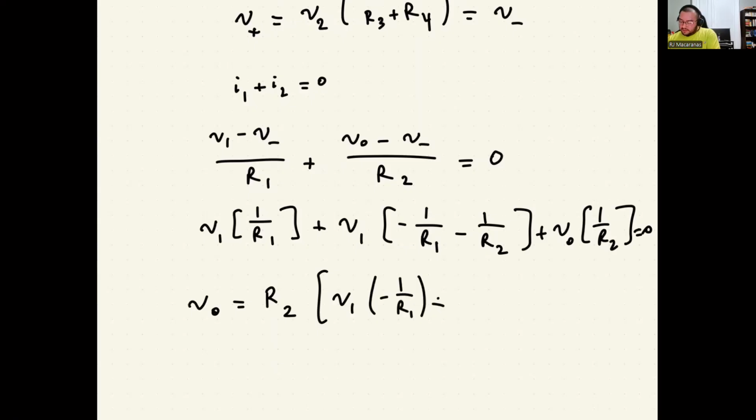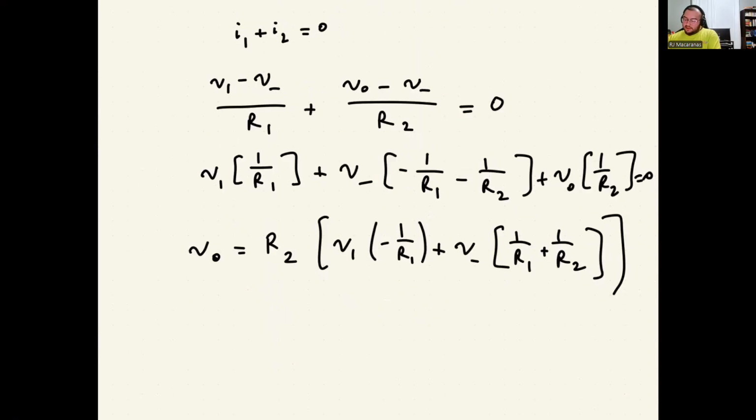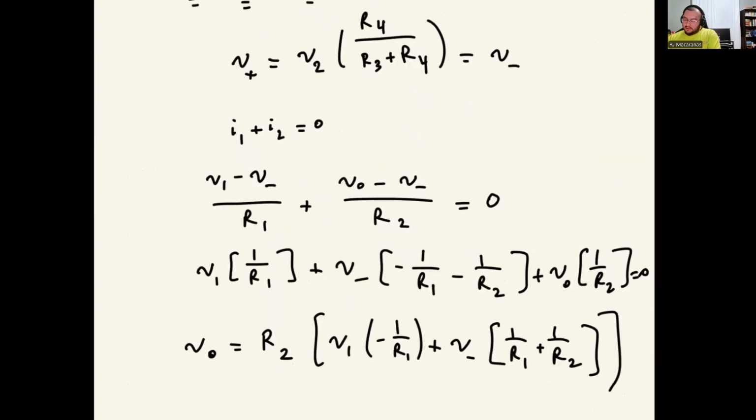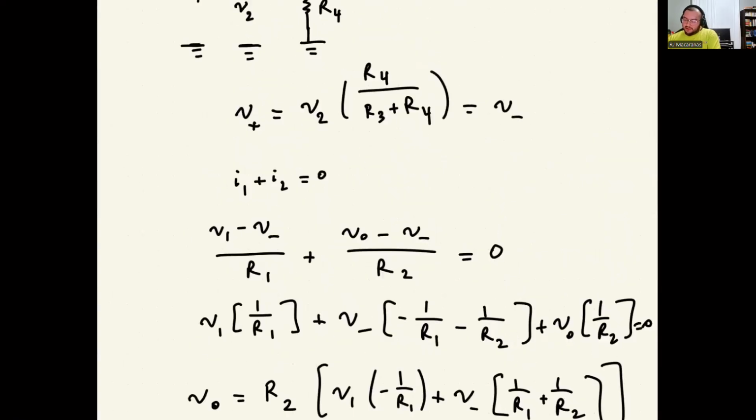And then this will be V. Oh, wait, what have I done here? This is supposed to be V minus plus V minus. And then since I've moved everything over, these are going to be adding. And there we have it. That is an expression for the output voltage.